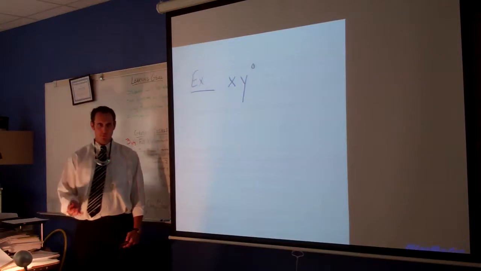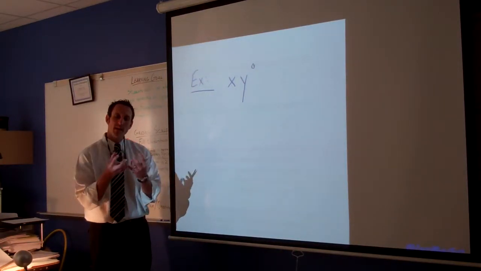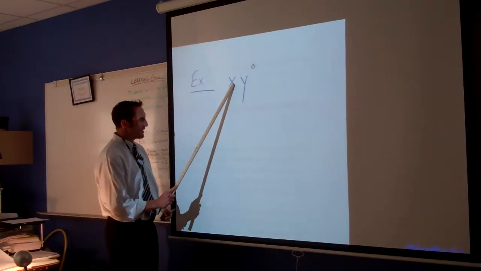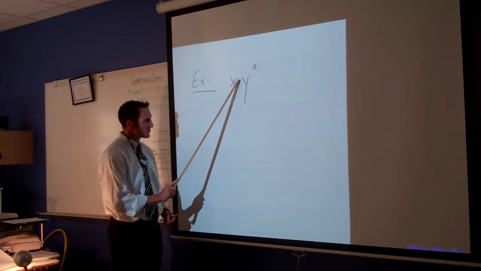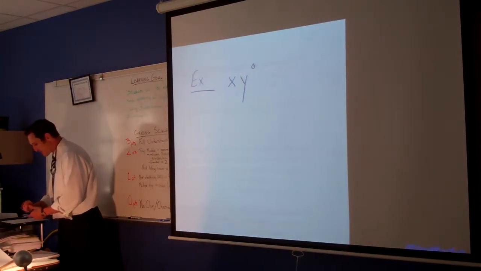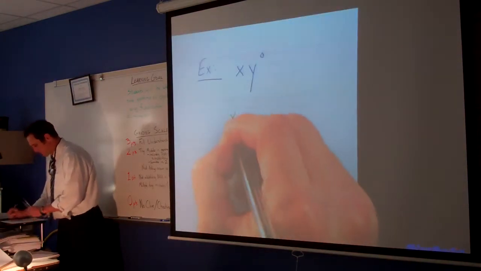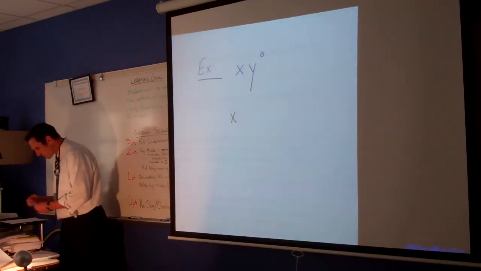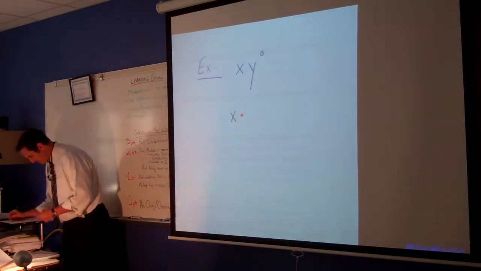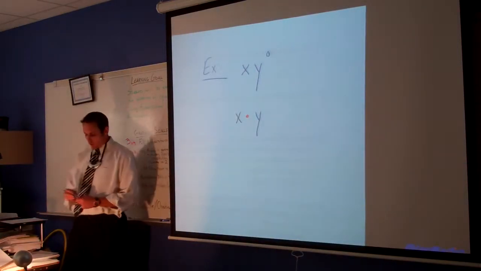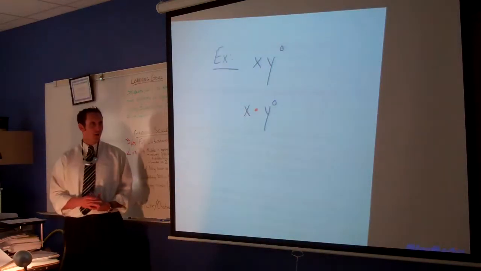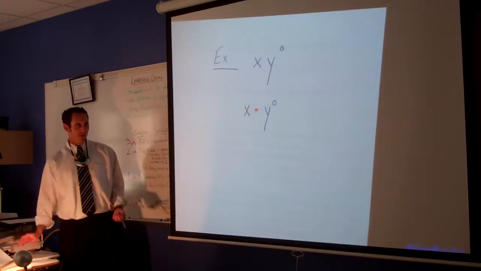So what this example is showing is to recall what is happening between the terms. Let's recall what is happening between these two terms. What's going on right there is multiplication. So we recall that between the x and the y to the 0 power is multiplying.